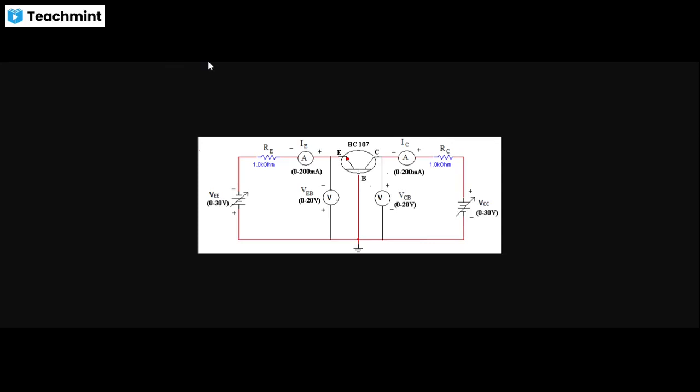So let me show you elaborately. I am stopping this share and again going to the whiteboard, and I will show you the diagram I described. So this is the transistor.